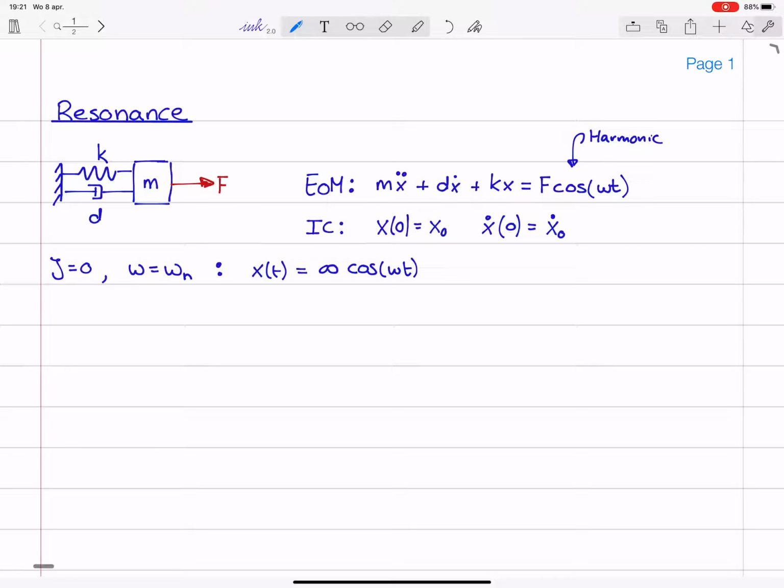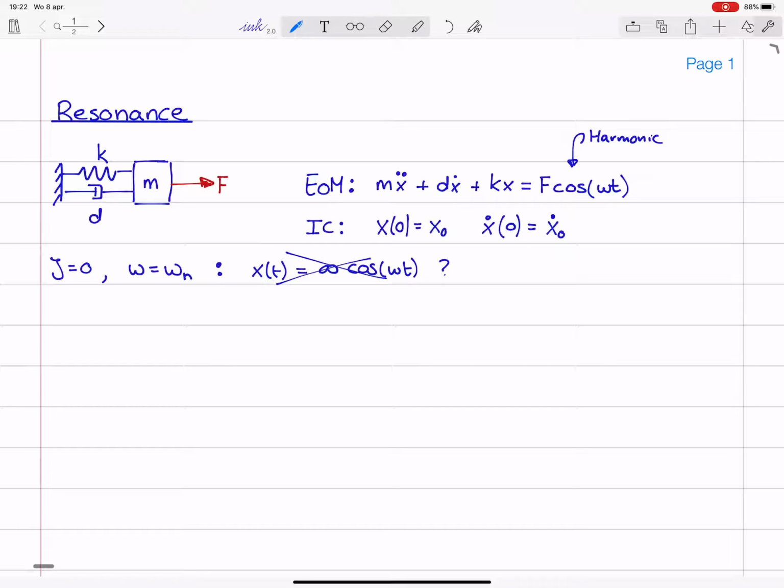Now this is of course very strange, and in fact this solution is incorrect. And in this lecture I'm going to explain to you why it is incorrect and also what is the appropriate solution. So let me first explain to you why this solution does not work.